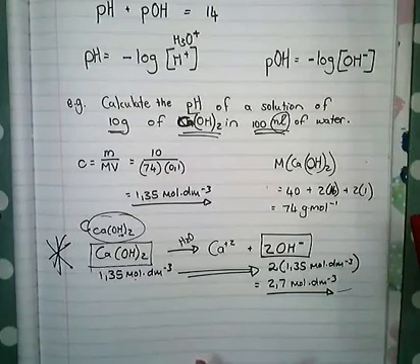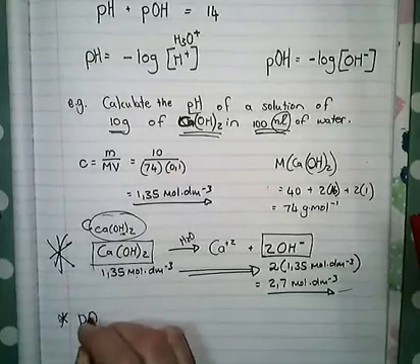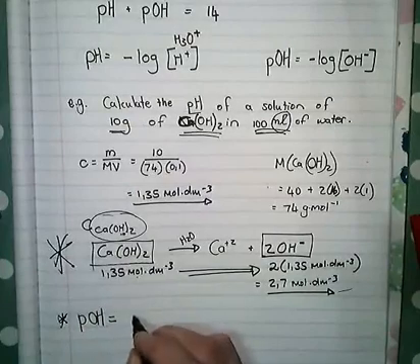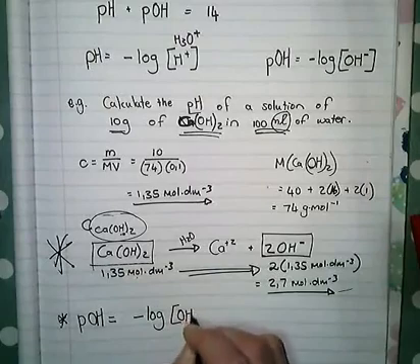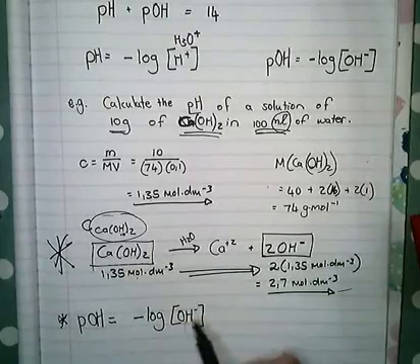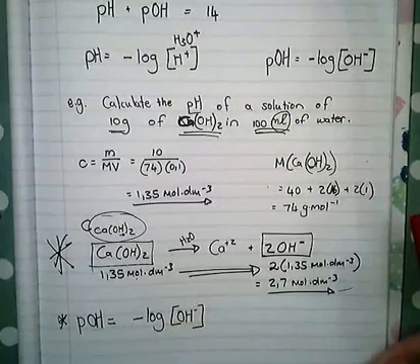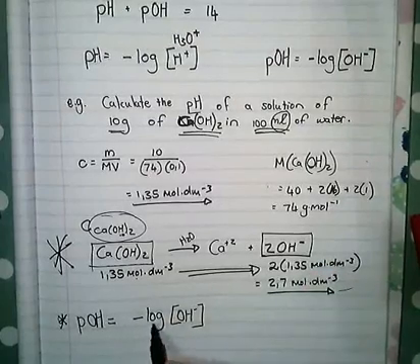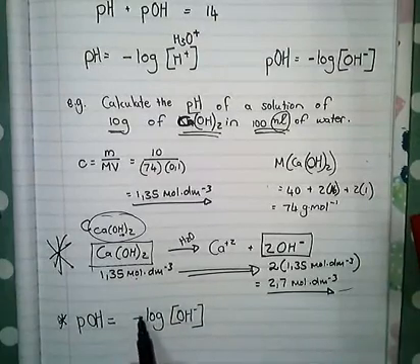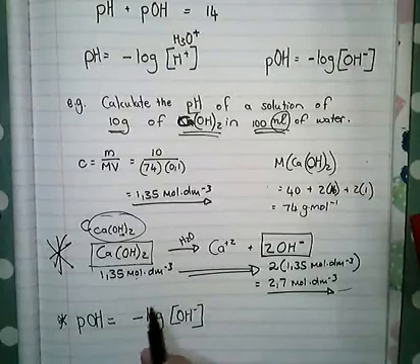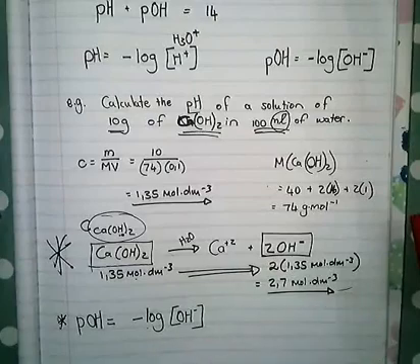You just press the negative button and the log button, and then the concentration that you've calculated. So don't worry about the maths, just put it in your calculator. The negative log of our hydroxide ion concentration, 2.7, gives us 0.43.